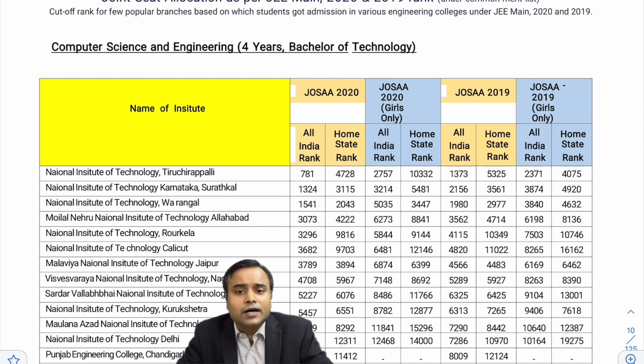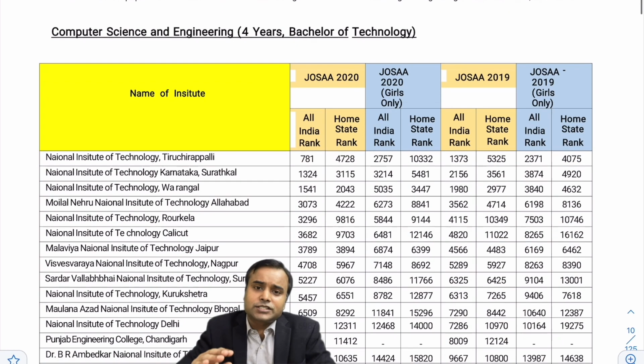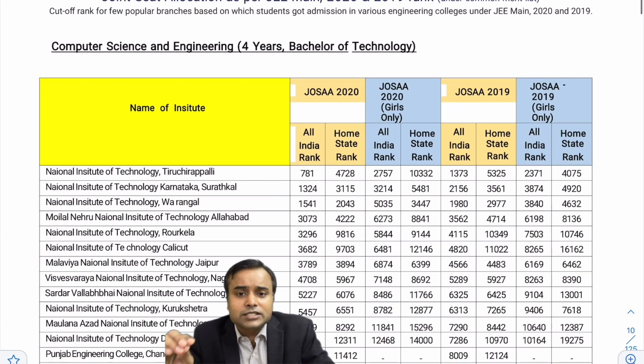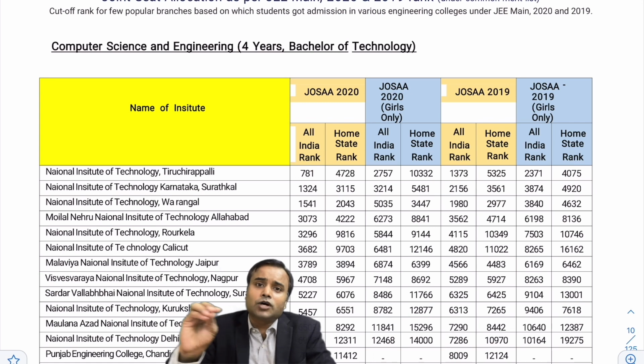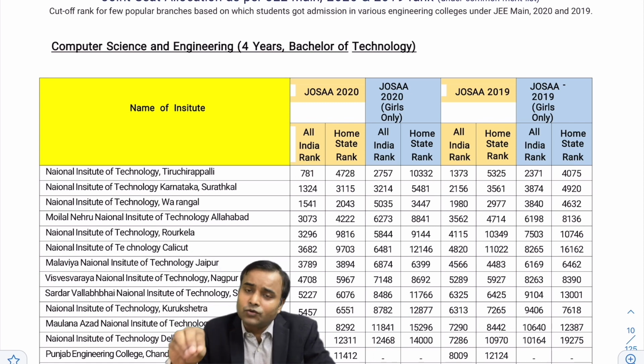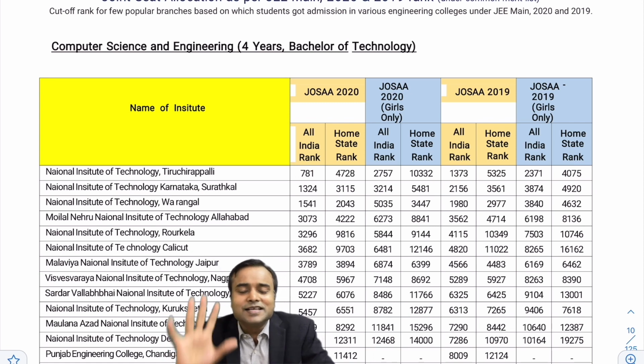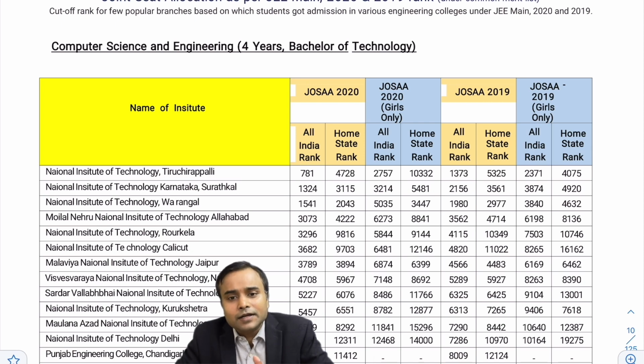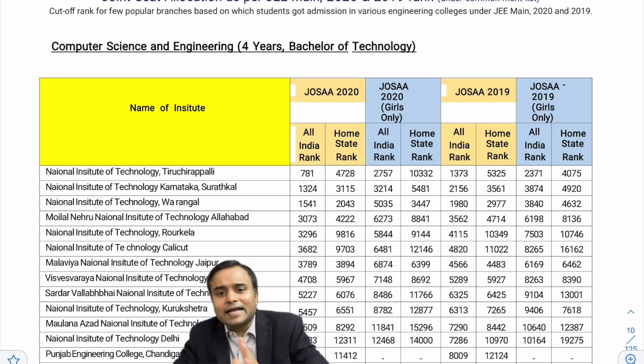If a student from Tamil Nadu has a home state rank of 4,728, he can get a seat in NIT Tiruchirappalli. But a student from other states should have a rank of 781. This is data of 2020.